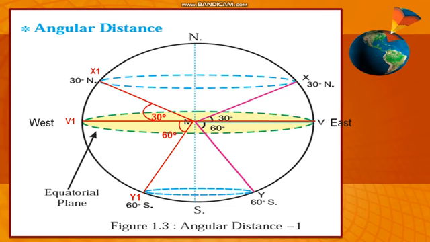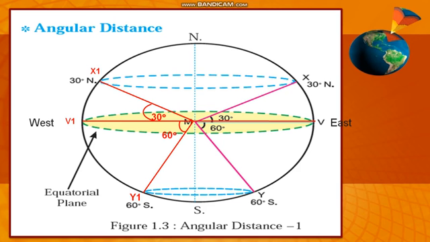Now draw the same 30 degree angle with the center of the earth, that is M, in the northwest part of the earth, that is X1MV1. So now join the points on the earth's surface, that is X and X1, with a blue dotted line. This line is called 30 degree latitude north.